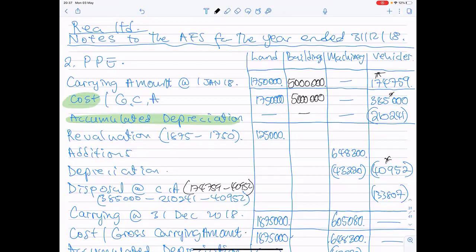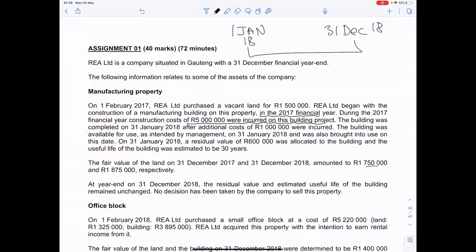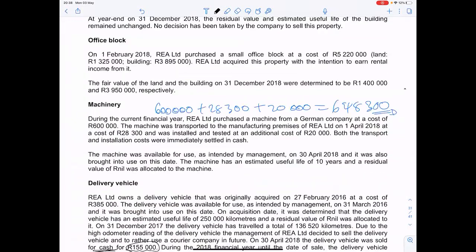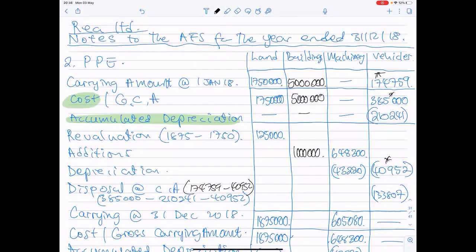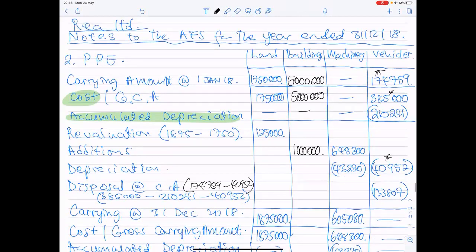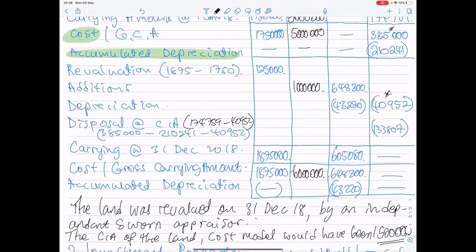Is that clear? So you put 5 million, no accumulated depreciation. Why? Because the building was not yet ready for use. Then in the current year, it was completed on 31 January after additional cost of 1 million. So you come and you put your additions of 1 million in the current year. So meaning that at the end of the year, the cost of the building is going to be 6 million.